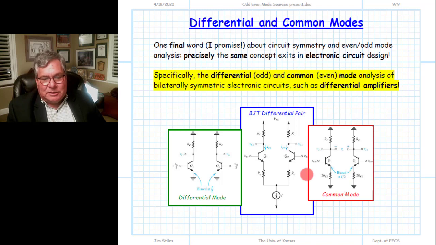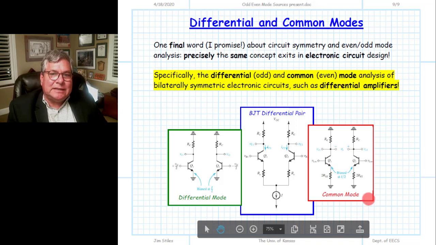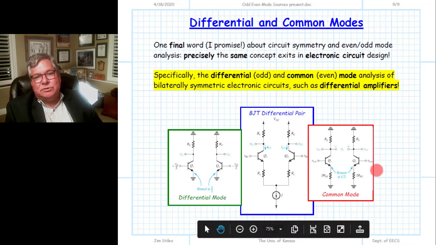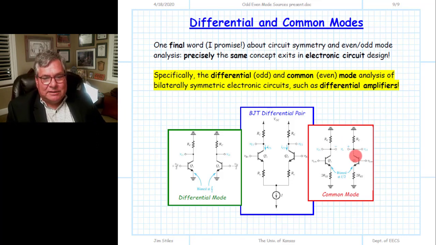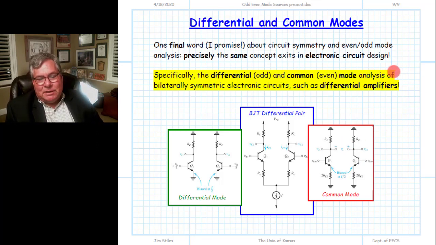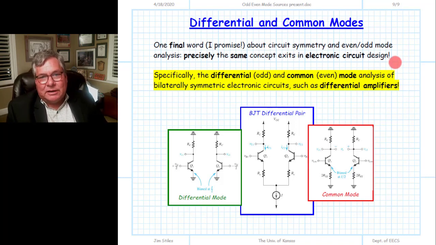And so we can split the circuit into two pieces, evaluate each half circuit to get the answer, and reflect the answer for one side onto the other half circuit. So it's exactly the same type of procedure that you've probably done before in your electronics class.